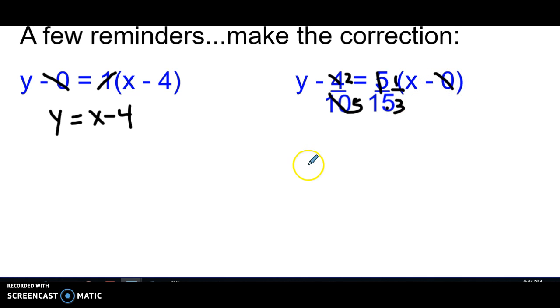So I'm going to cross that off. So what am I left with here? I've got y minus 2/5 equals, it's a little sloppy, sorry, 1/3 x. There you go. And that's a better way to write that equation. You want it to always be as simple as possible.